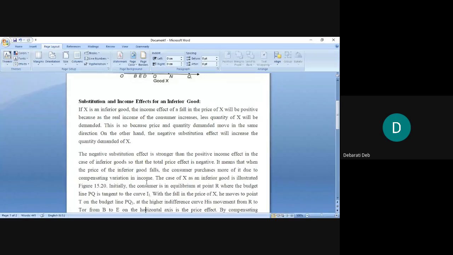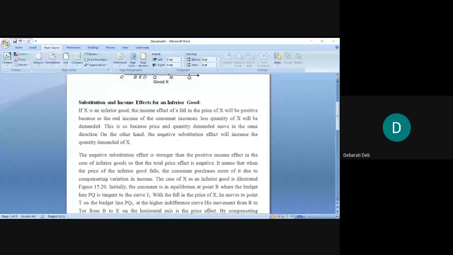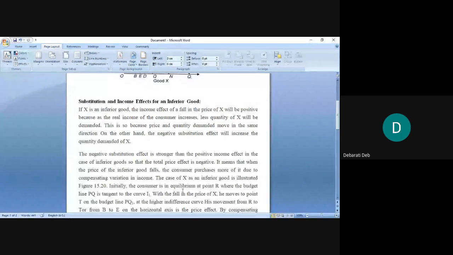So since this negative substitution effect is stronger than the positive income effect in case of inferior goods, the total price effect is also going to be negative, because if negative is more, negative and positive will obviously make negative, right? So the total price effect is going to be negative.